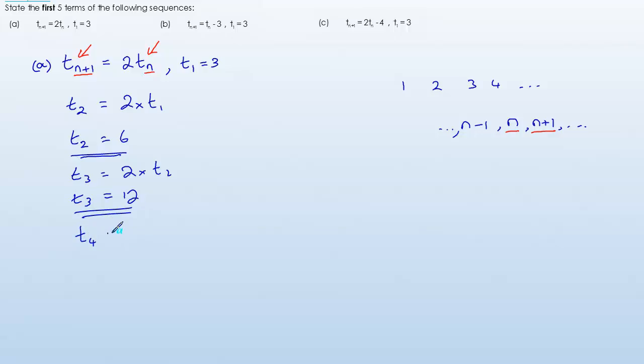To get to T4, we have to do 2 lots of T3. So that's going to be 24. And to get to T5, we've got to do 2 lots of T4, which is 2 lots of 24, so T5 is equal to 48. And that's the first 5 terms.